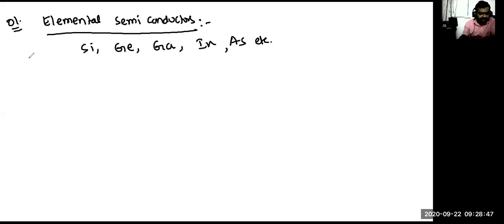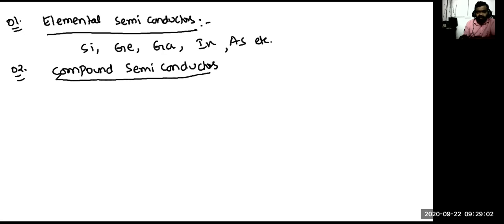Next, the second one is compound semiconductors. Compound means the substance has two or more substances, for example gallium arsenide, indium phosphide, etc. This type of compound can be called a compound semiconductor.